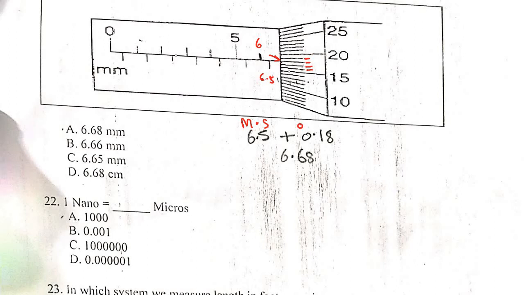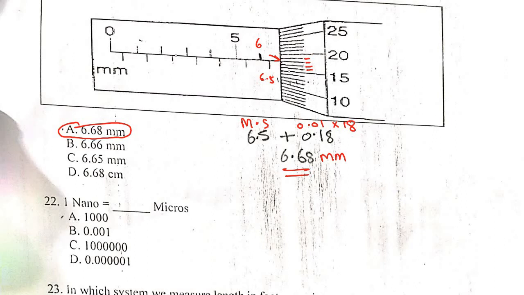So the least count is 0.01, and the circular scale reading is 18. So 0.01 times 18 is 0.18, plus 6.5, it will become 6.68 millimeters. Correct answer will be option A.